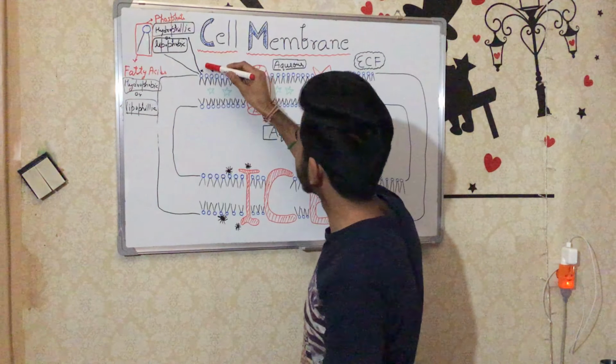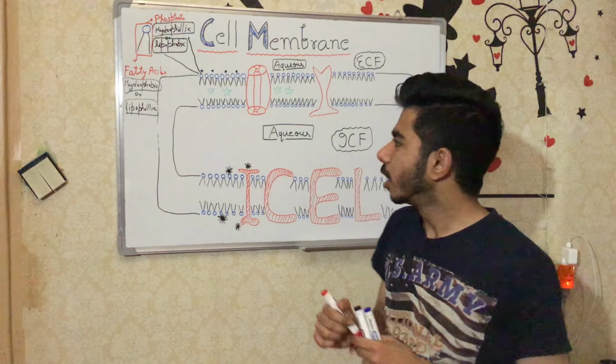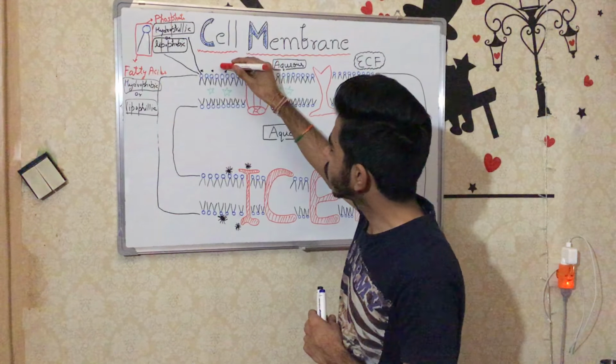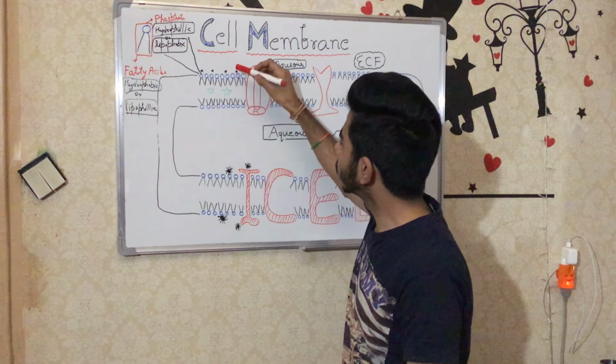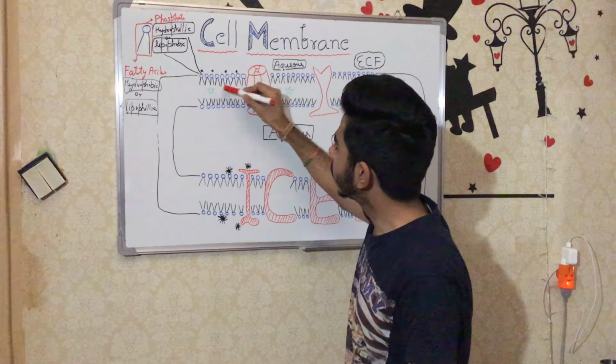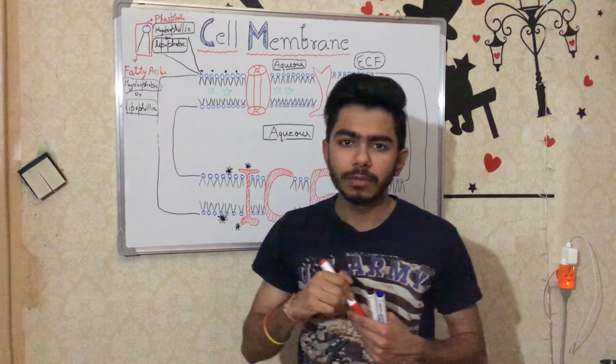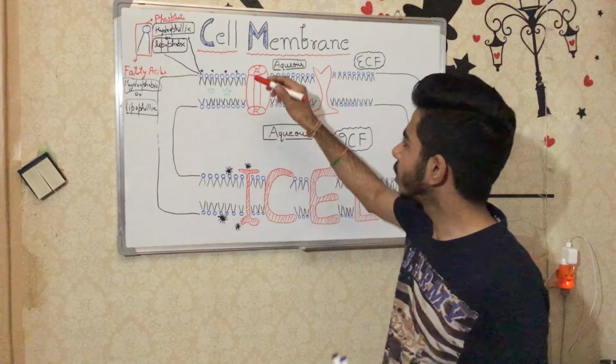Also, you can see the stars over here which I have made. These are the carbohydrates. The carbohydrates are attached to the upper leaflets of the phosphate groups of the phospholipids, and the inner ones don't have carbohydrates. So they are present extracellularly.